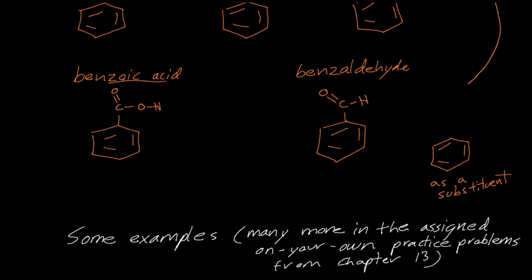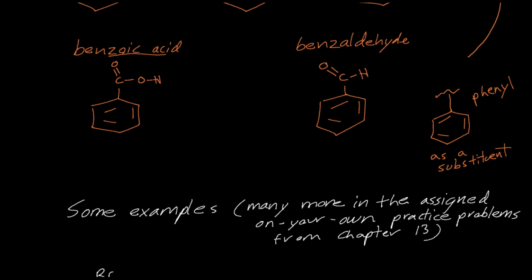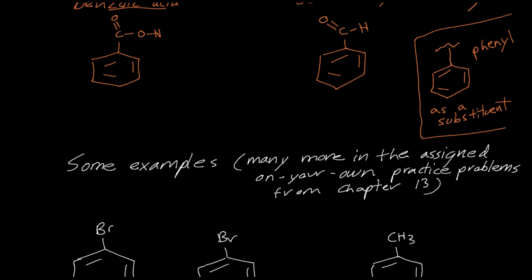If a benzene ring is stuck on as a substituent, it's a phenyl group. Oddly, it should have been called a benzyl group, but it ended up being called a phenyl group. So that's just a little side note. Probably good to mention at this point.